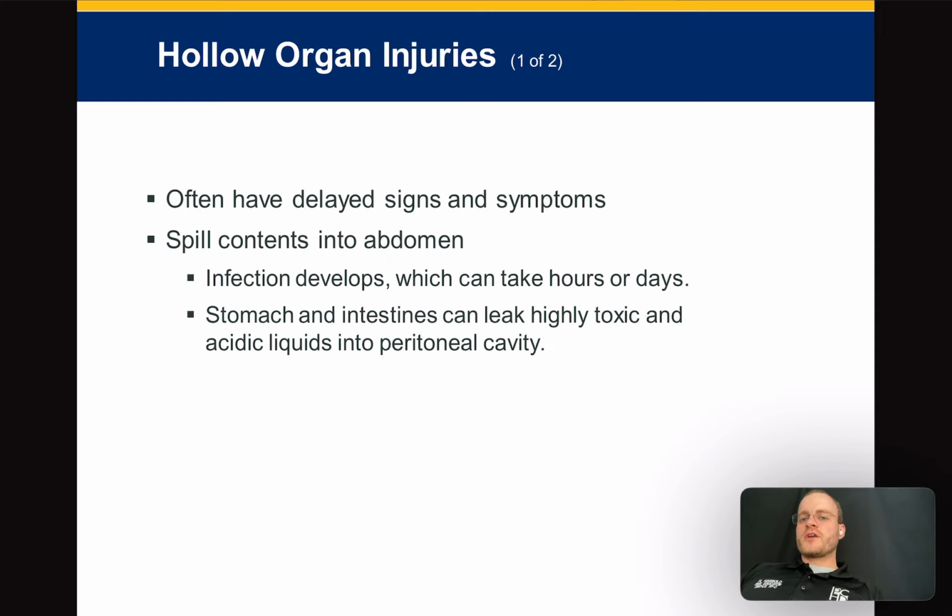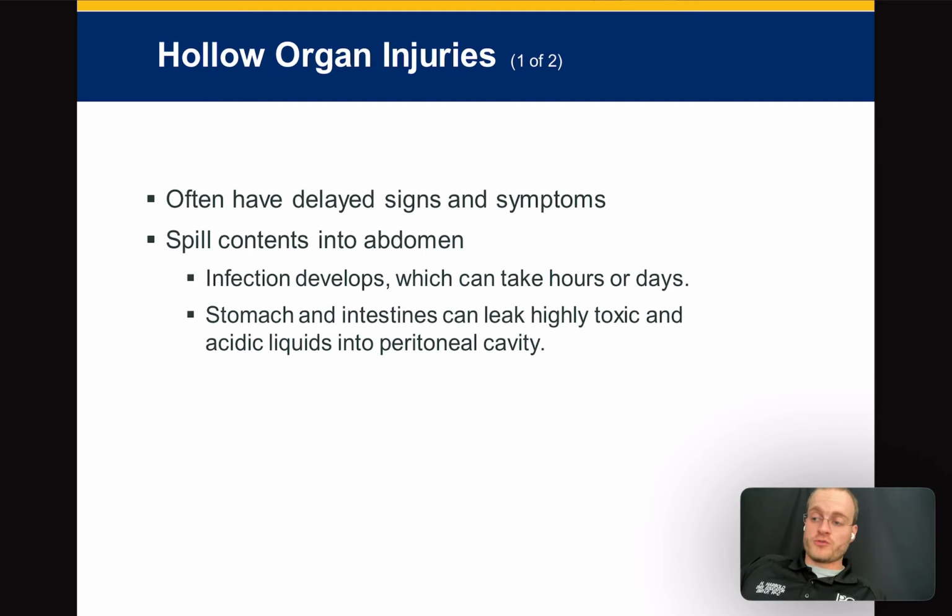And so hollow organ injuries often have delayed signs and symptoms. So what are the hollow organs? Stomach, intestine, bladders, gallbladder, urinary bladder, colon, those things. And so the thing about these hollow organs is they tend to hold stuff, right? Like the small bowel holds food that you partially digest. The colon holds poop, right? So you can imagine poop or food being dumped into the peritoneal cavity.